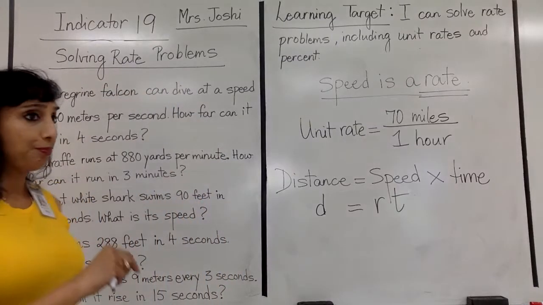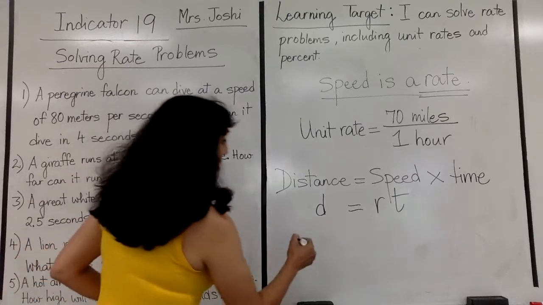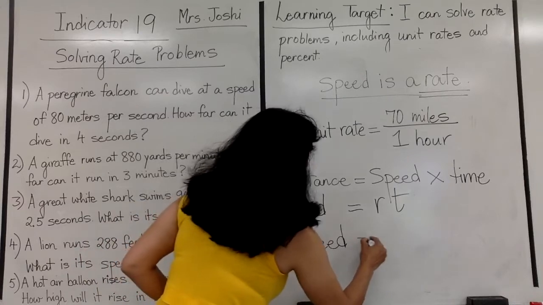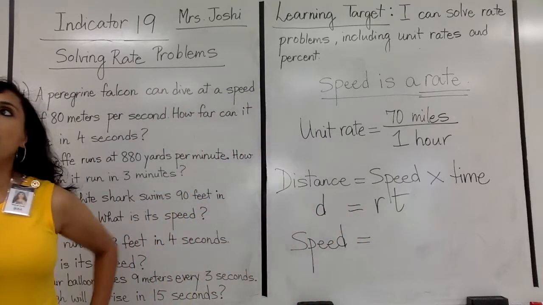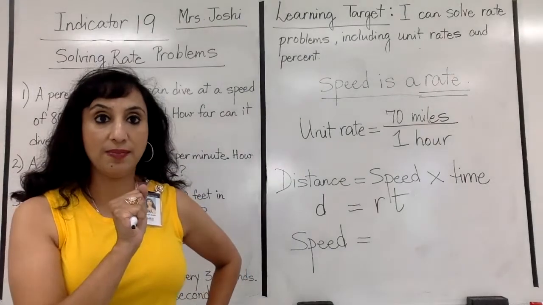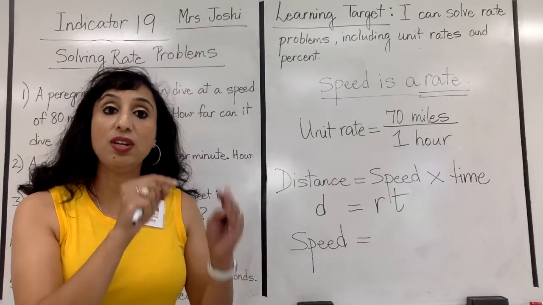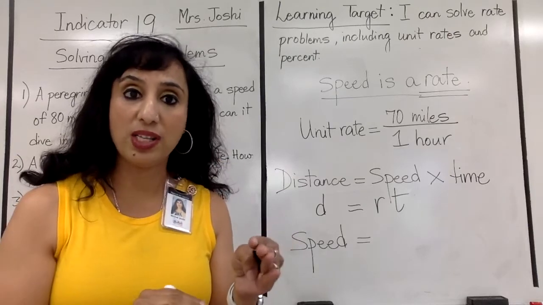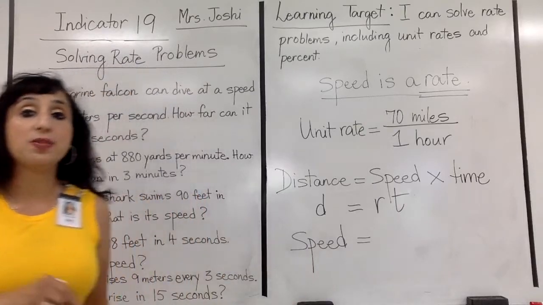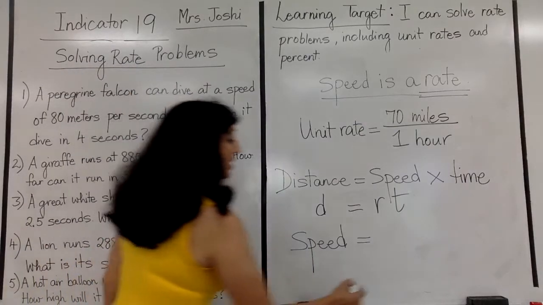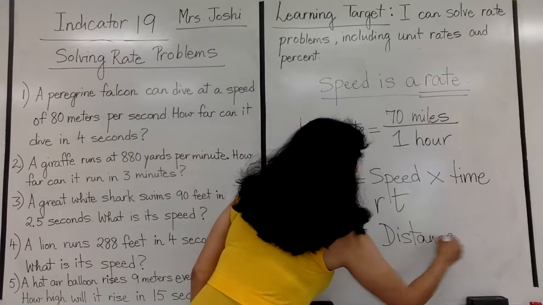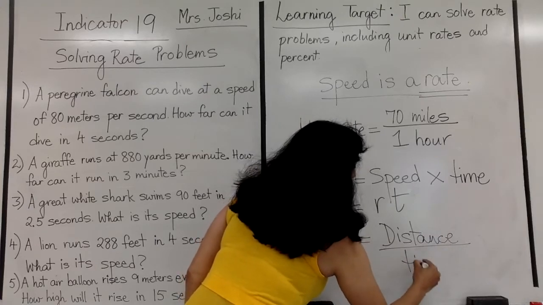Now if I was to calculate the speed of something, I would have to think of the distance that somebody is driving. If you divide that by how many hours you've been driving, you actually get the speed. So speed would be nothing but distance divided by the time.